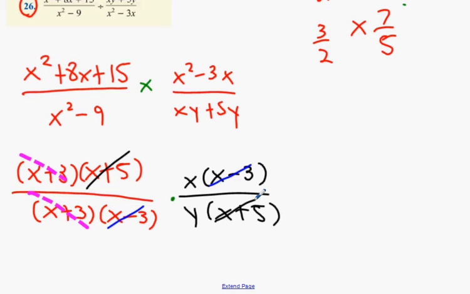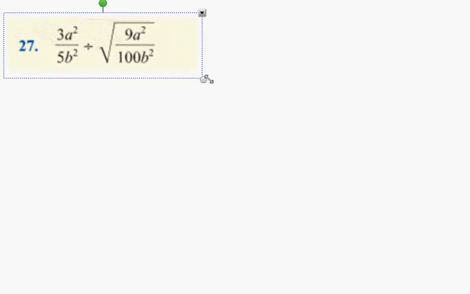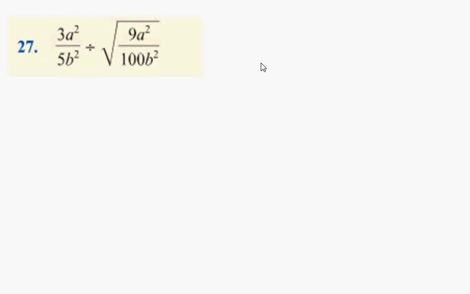Now, this one's a bit more difficult. I've done 26 and 27. What you're looking at here is a square root sign. Now, remember what square root signs mean. There's a rule for surds, and here's the rule for surds I'm going to teach you.